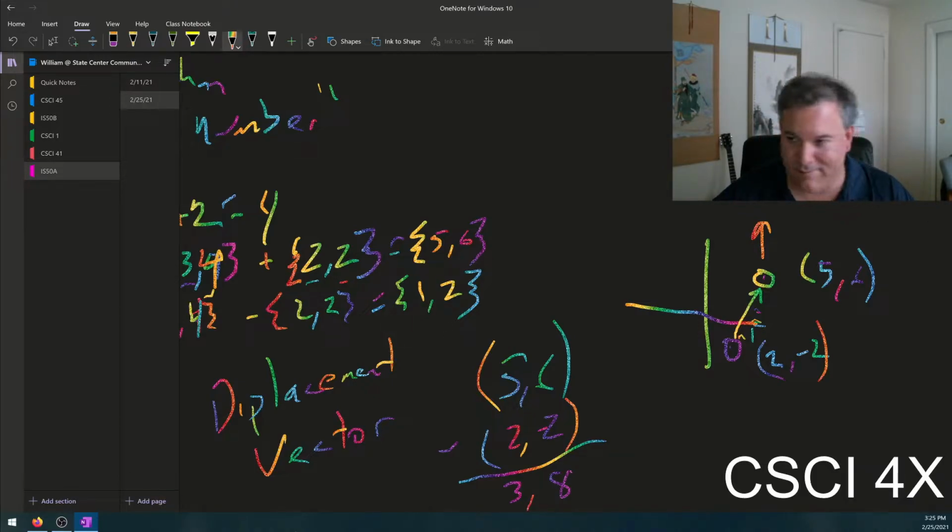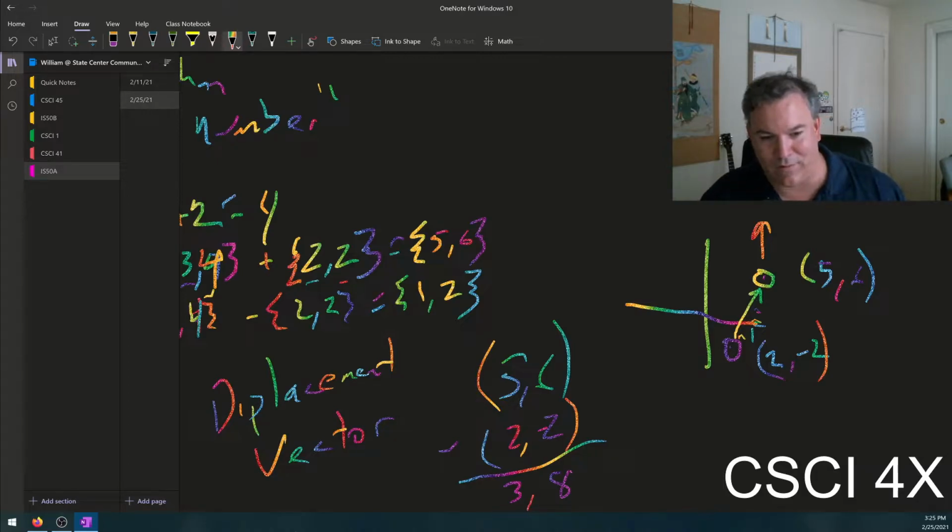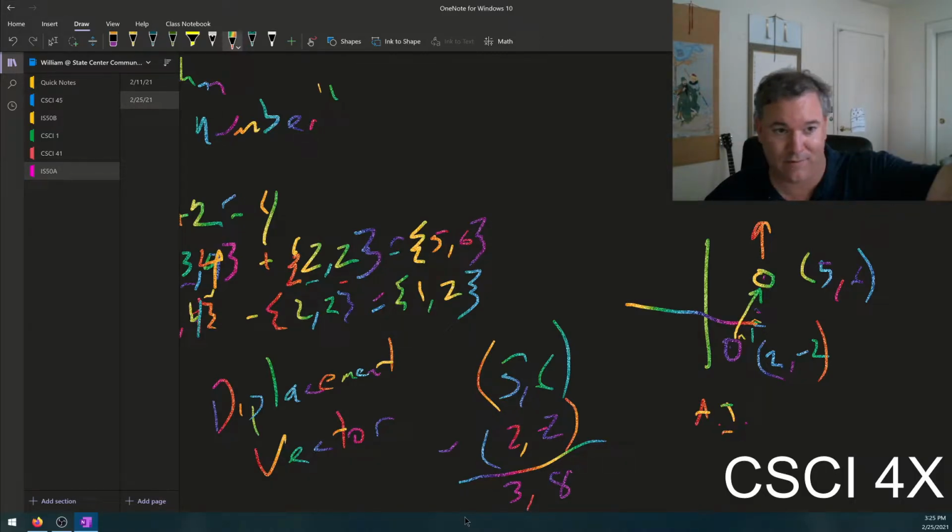Yeah. So a displacement vector, we use this all the time, right? Here's a guard, here's me. Especially if you're writing an AI, like a bot. Which way is the guard from me? Well, you take his position, subtract your position, and that gives you a vector pointing in the direction of the guard.